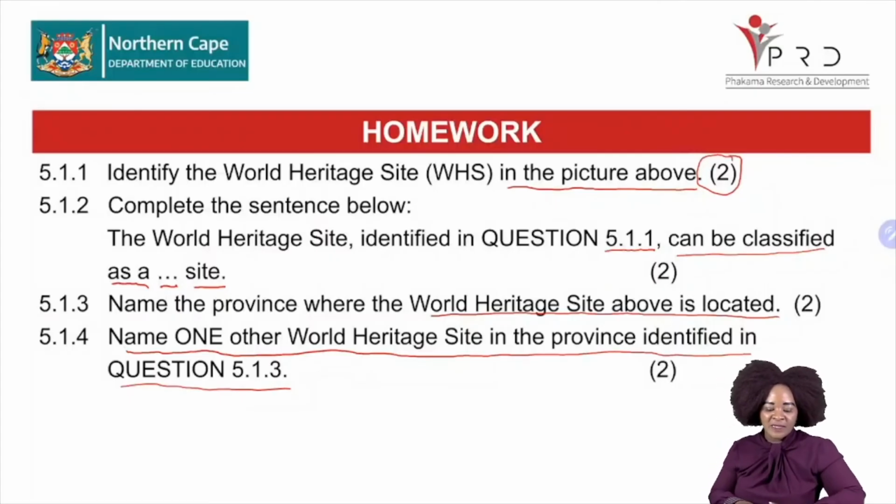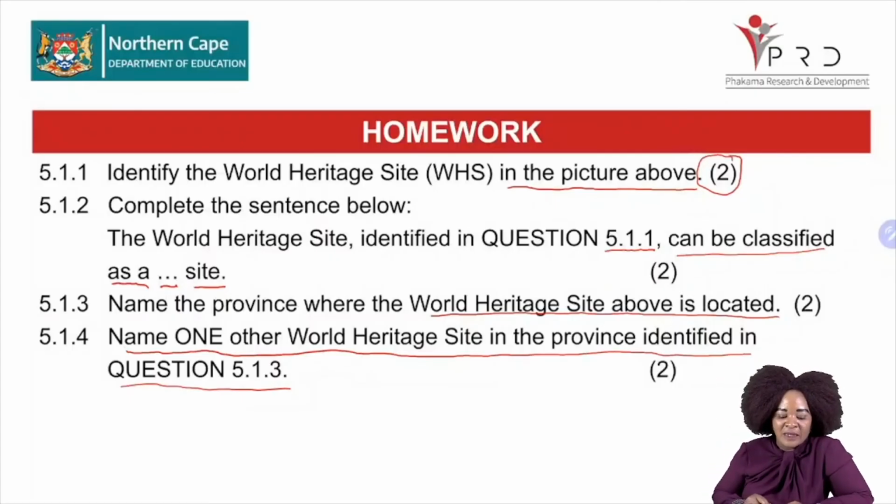Now, Grade 12 learners, if you are looking at this homework, if you do not know the province, the names, in fact, of these World Heritage Sites, and also the provinces where they are located, chances are you cannot get anything from this homework. Because when you do this homework, you are not supposed to use a textbook. You're just supposed to recall whatever that you did in class.